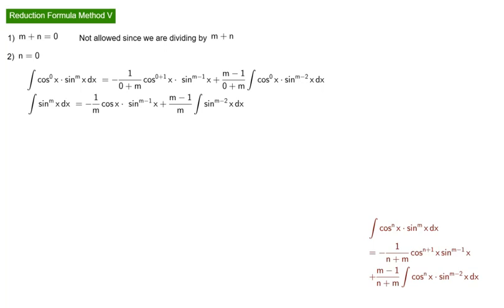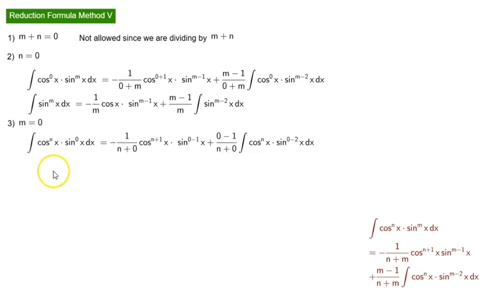What if m is equal to 0, but n is not? Then we get integral of cos nx times sine 0 x dx is equal to minus 1 by n plus 0 times cos to the power of n plus 1 x times sine 0 minus 1 x plus 0 minus 1 by n plus 0 times the integral of cos nx times sine to the power of 0 minus 2 x dx.